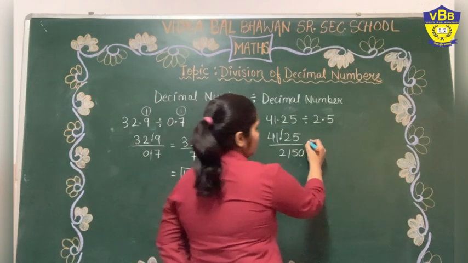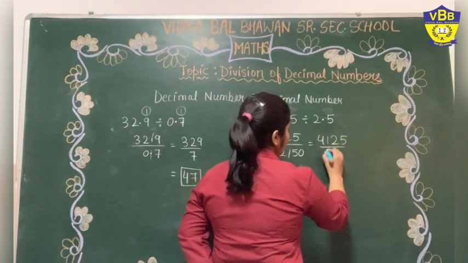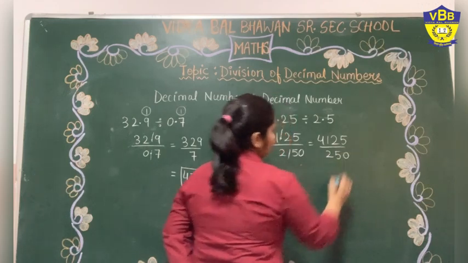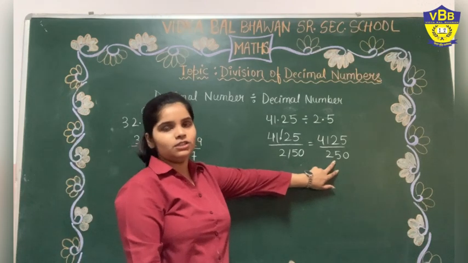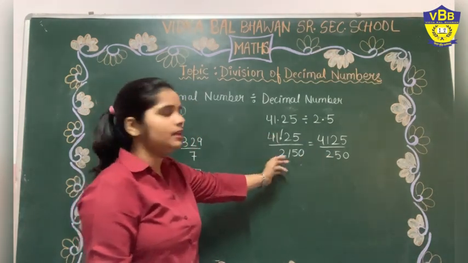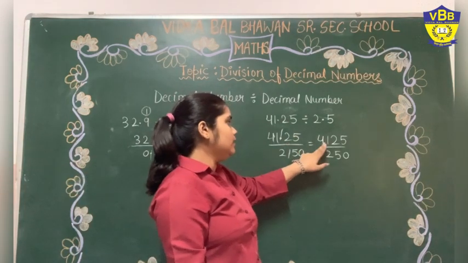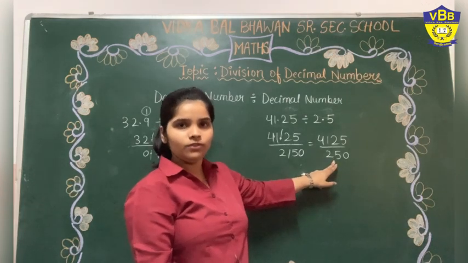It will become 4125 divided by 250. Now you need to divide these two numbers. This is simple. We have simplified the decimals here.